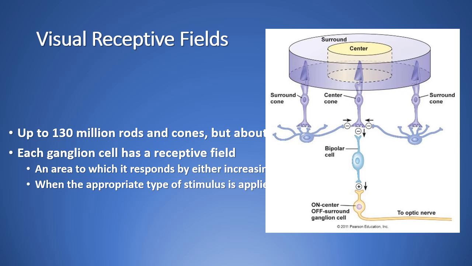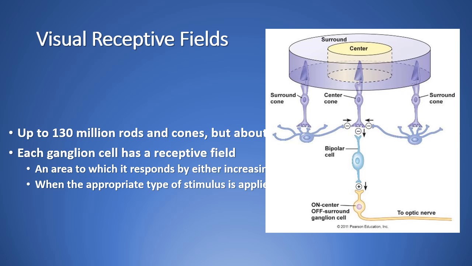That's what this is showing you here. This ganglion cell, no doubt, originates in the fovea. We need very small receptive fields in order to have fine discrimination, in order to see very fine details in your fovea.